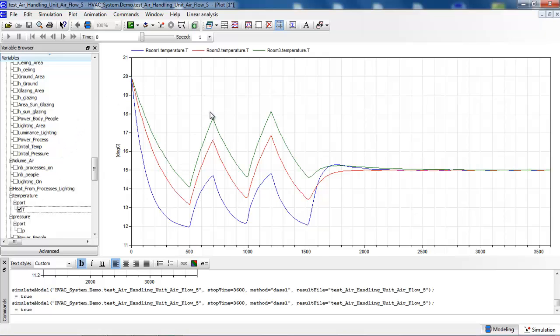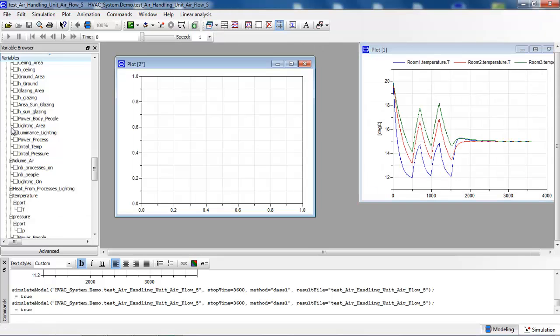You can see that due to the different processes on and off, the temperature varies between 17 and 12 degrees, but at the end we obtain the wanted temperature of 15 degrees.